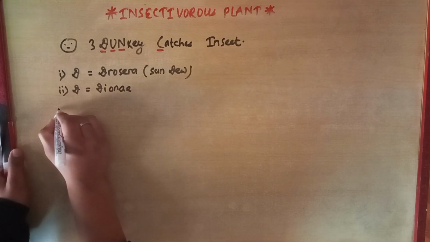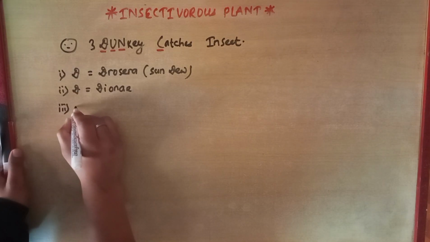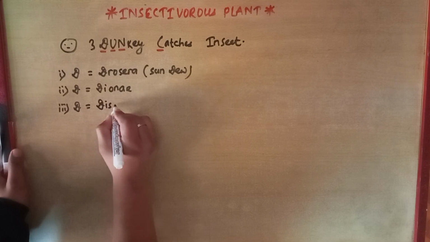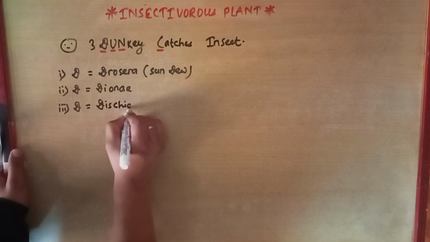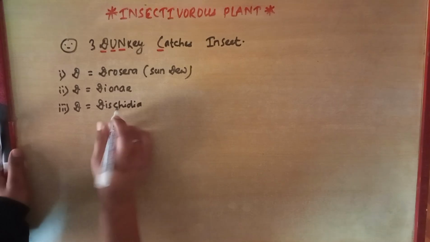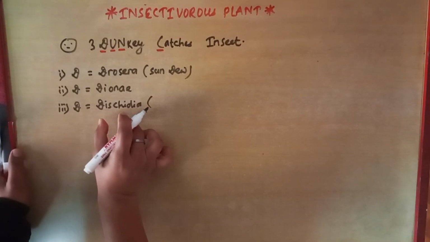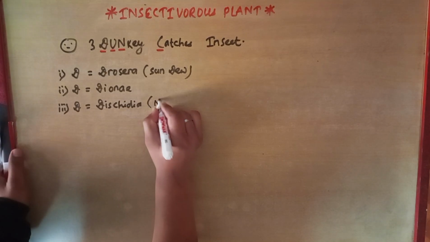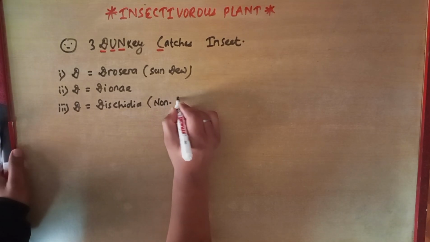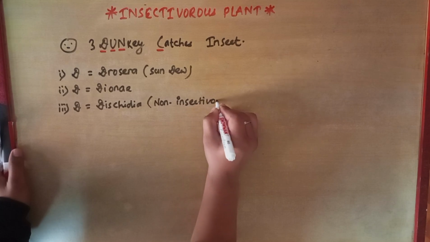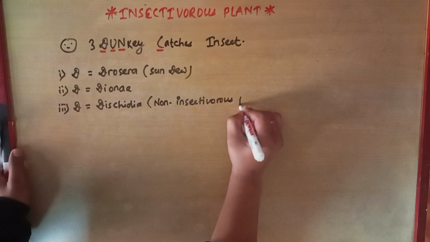In the third we have again D, so D means Distidia, and this Distidia is a non-insectivorous pitcher plant.